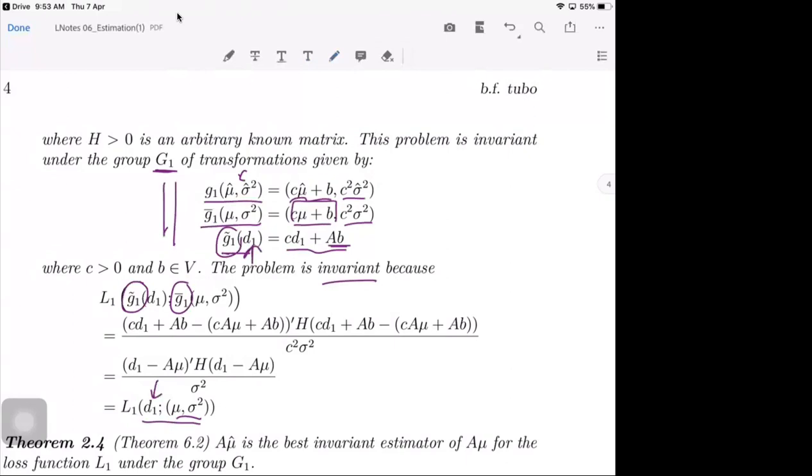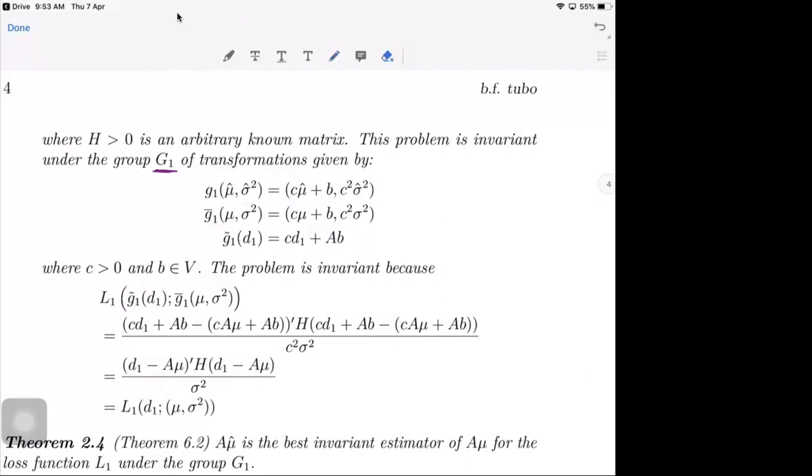So, given this group of transformation here, let's see why it is invariant. It is invariant if the loss function of the transformation is just equal to the original loss function. Okay. So let's apply.